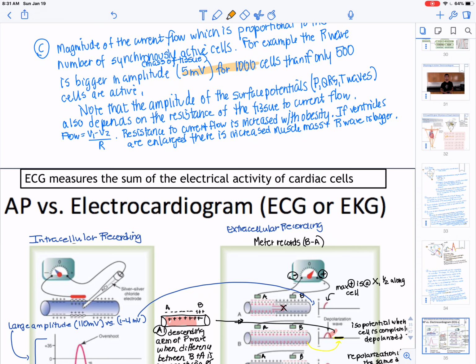And the other things could be that the axis of the current flow has shifted, so it's not big in the lead 2 electrode that we're analyzing. It might be bigger in another electrode.